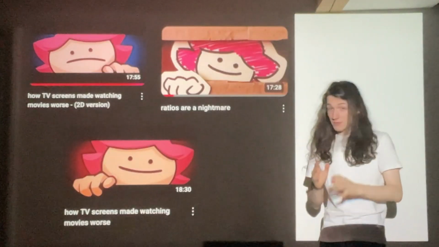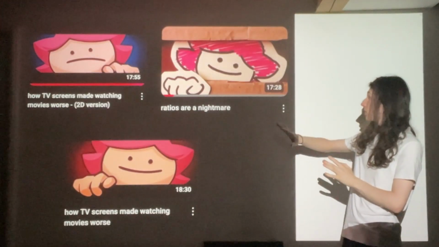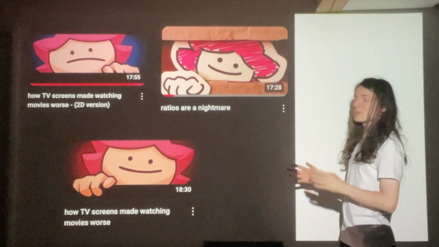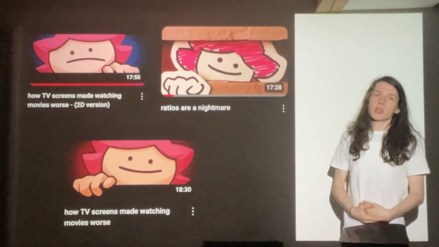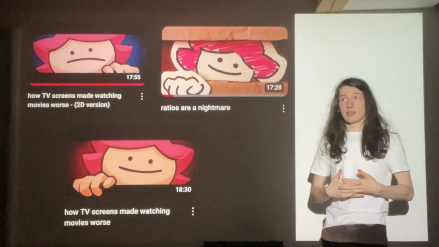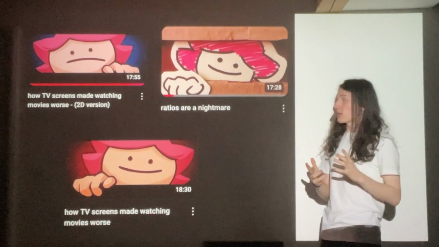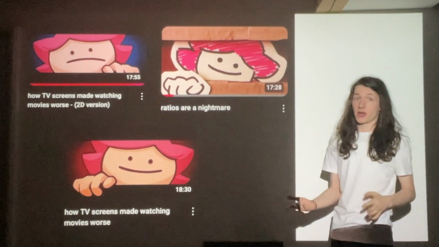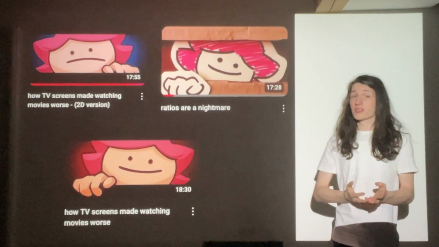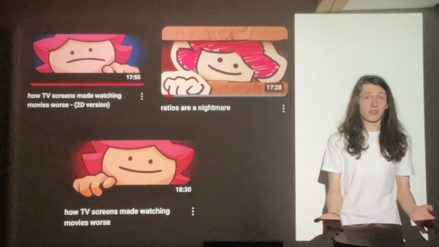For an amazing guide, go and watch Noodle's videos on these. He's got 2 different videos essentially on aspect ratios, and one important thing about aspect ratios is that there's no one aspect ratio. For example, this projector screen is 16:9, your computer is probably 16:9, and if you're holding a phone sideways, it's also probably 16:9.